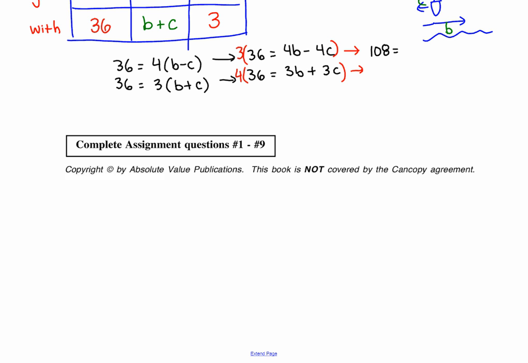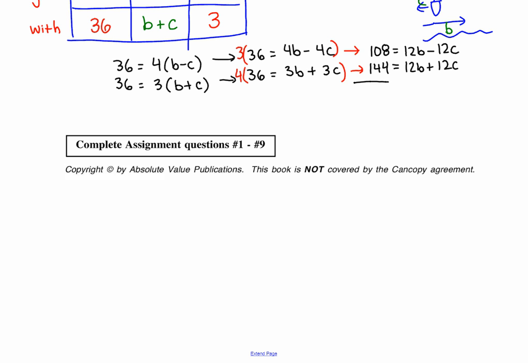Equals 12B minus 12C. 4 times 36, 144, equals 12B plus 12C.